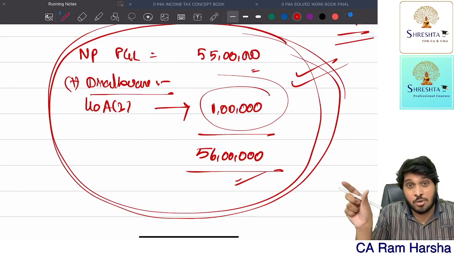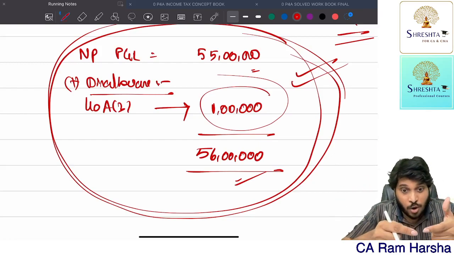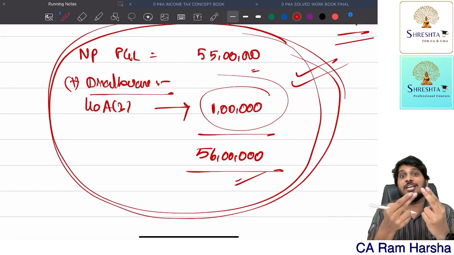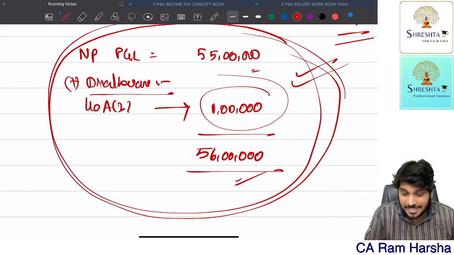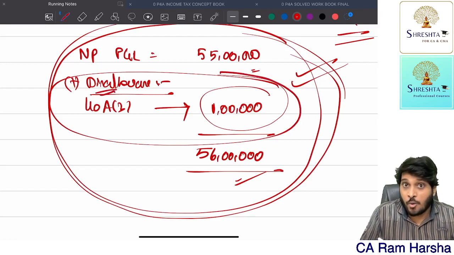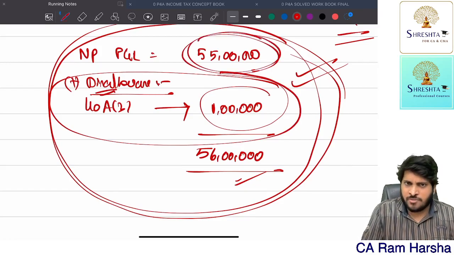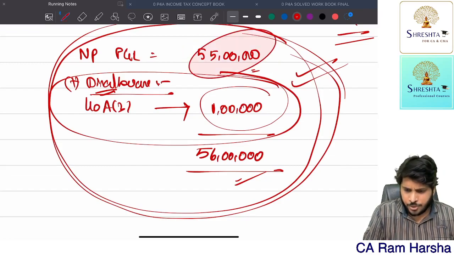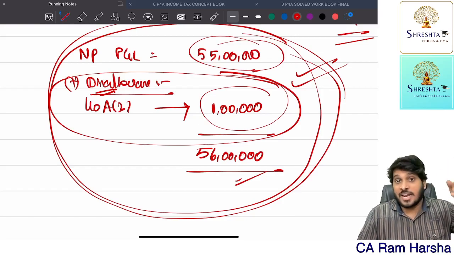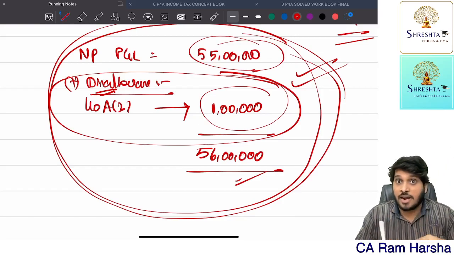But in income tax, how much is considered? 8. So this profit you will add back by 2 lakhs. 2 lakhs is disallowed. So in the indirect approach, I use the word disallowed. Why disallowed? In computing this 55 lakh rupees, I considered 10 lakh rupees expenditure, whereas the expenditure is how much? 9 only. So 1 lakh is disallowed.